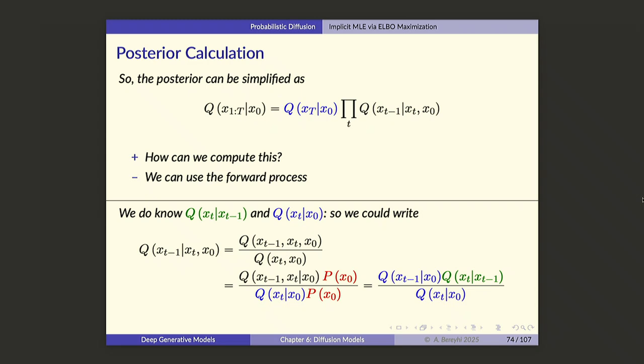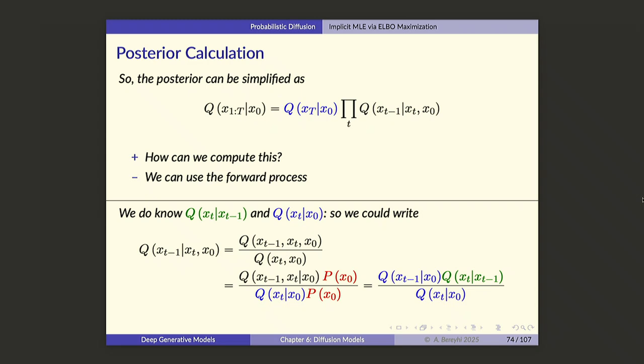When this is given, then this guy is simply a Gaussian distribution. So the blue term is Gaussian. What about the green term? The green term is the distribution at time t, assuming that the previous time sample is given to you. What is that guy? Again, it's a Gaussian, right?